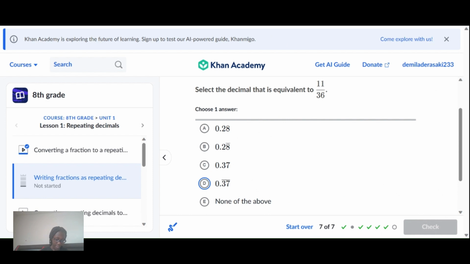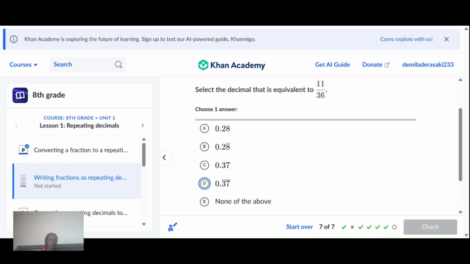Still more, we need less. So 36 times 3 is 108. Okay, we have our number. Make sure you put 0 point, because if the number doesn't go with the number in the box, then you have to put a 0 to it.